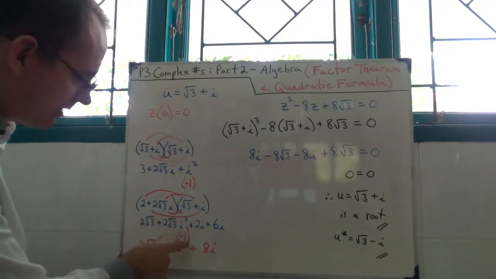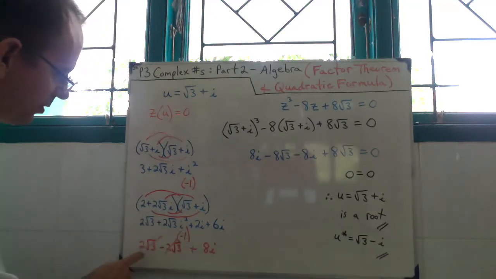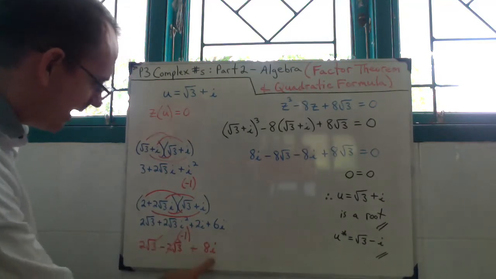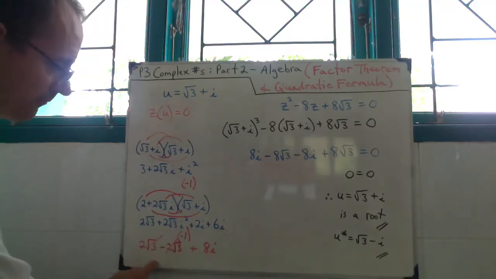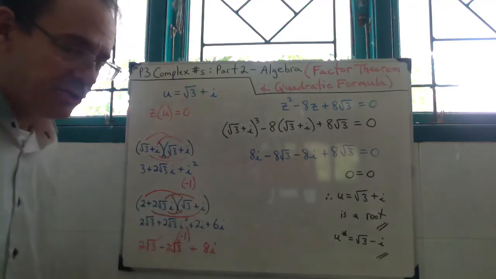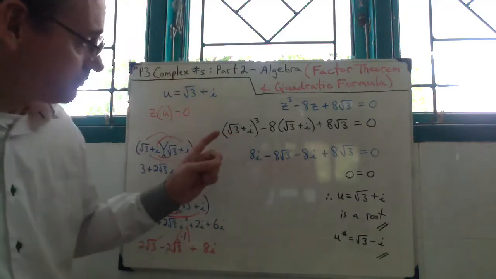Our i squared simplifies to a negative 1. So we get 2 root 3 minus 2 root 3 plus 8i. So these two cancel out and just leave us with 8i as the cube of root 3 plus i.